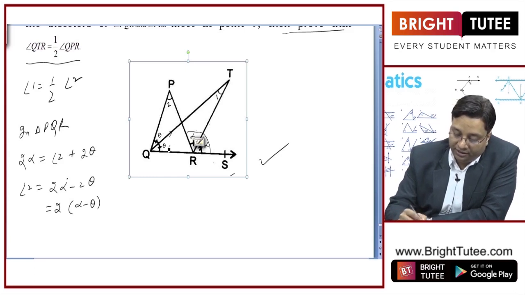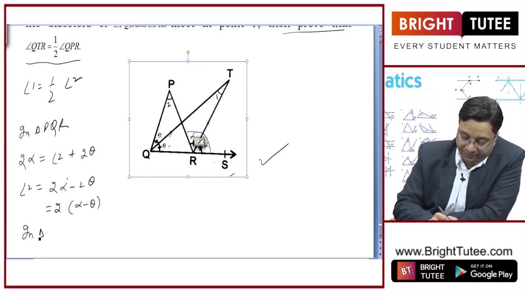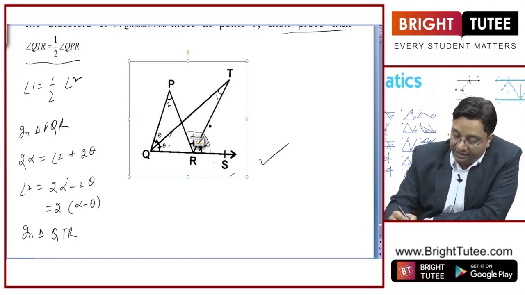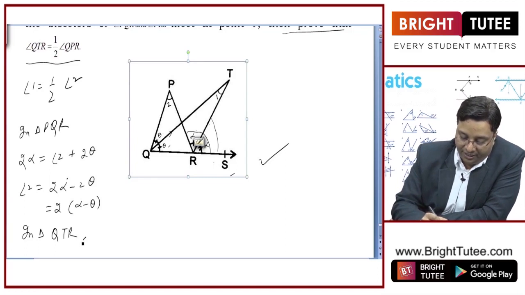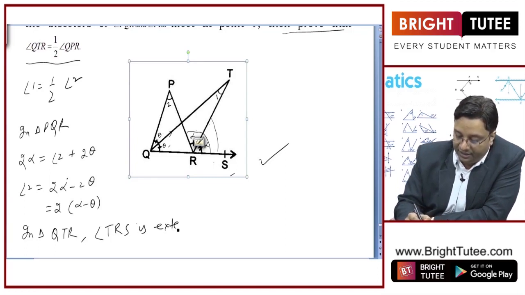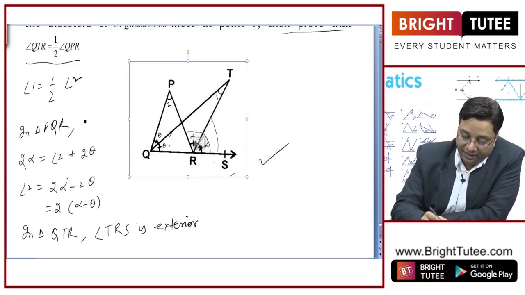Now let us look at this triangle. In triangle QTR, angle TRS, that is this angle, is the exterior angle. Let me write it also. Angle TRS is the exterior angle. In the earlier triangle, I considered angle PRS as the exterior angle.